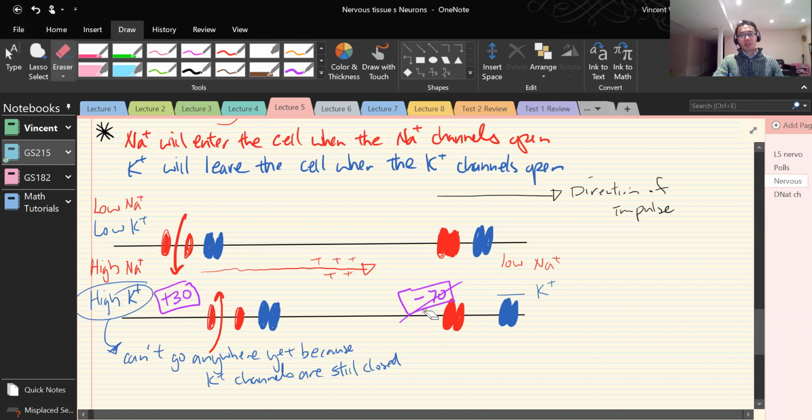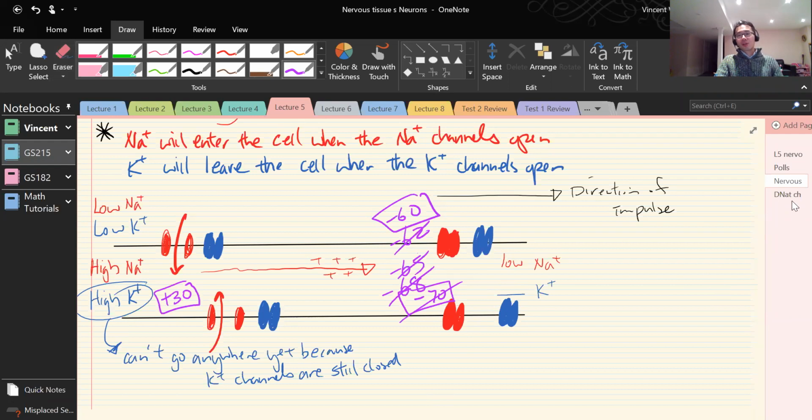It will not be negative 70 anymore, because of all the sodium coming forward. So that will go to maybe minus 68, minus 65, minus 62, and eventually it will push it all the way to minus 60 if enough positive goes forward. That would then trigger these sodium channels to open, and then the action potential will occur over here. The sodium will come in, and that's how the signal goes forward.